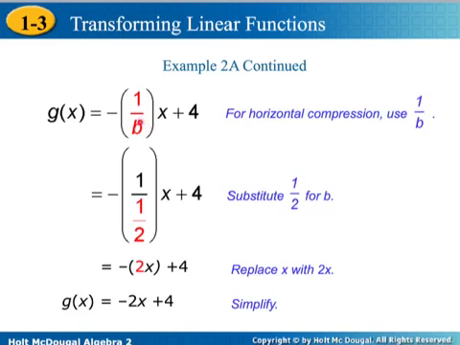They said 1/2, so 1/2. If we had been stretching horizontally, we would have just said 1/2 was the whole thing. It'd be b over 1. Then we plug in what it simplifies to. 1/2 in the denominator becomes 2, so you get negative 2x plus 4.